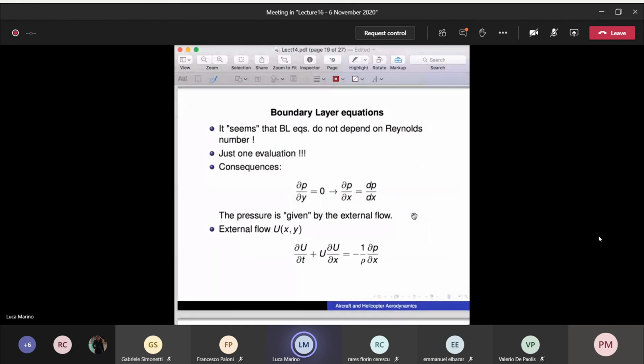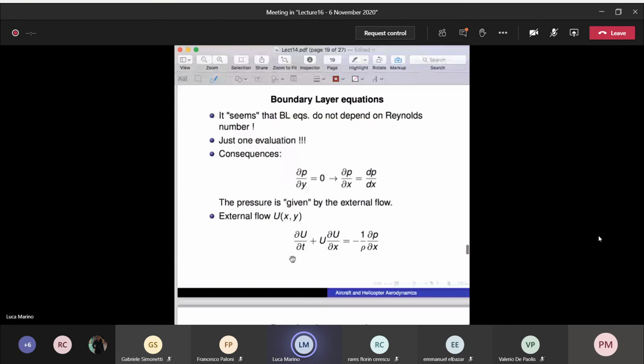These are the consequences that we already discussed. The dp over dy is equal to 0, so the dp over dx is an ordinary derivative. The pressure is given, as it is written here, by the external flow. This means that the pressure is not changing inside the boundary layer. And so you can use the Euler equation.